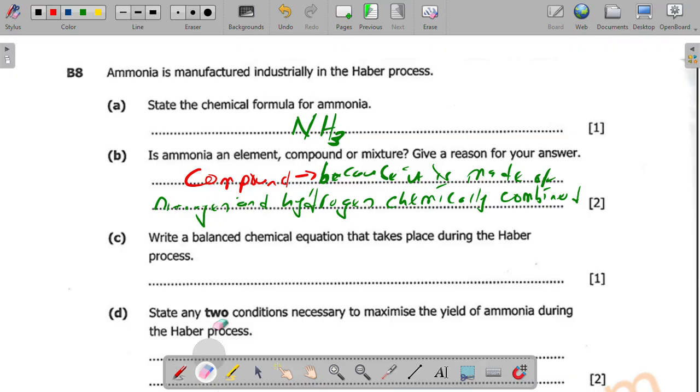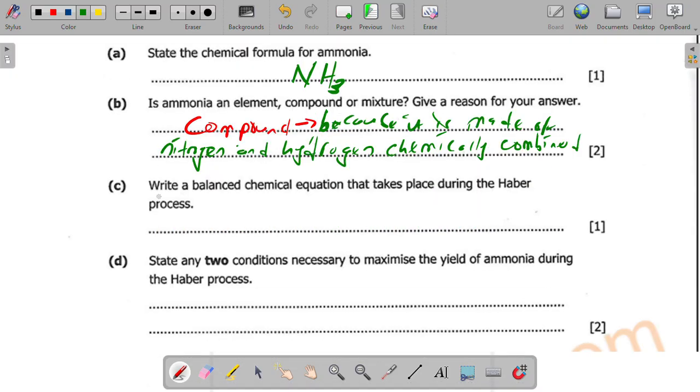Let me also wrap this so that I write it properly. It's made of what? Nitrogen and hydrogen. And you have your 2 marks.